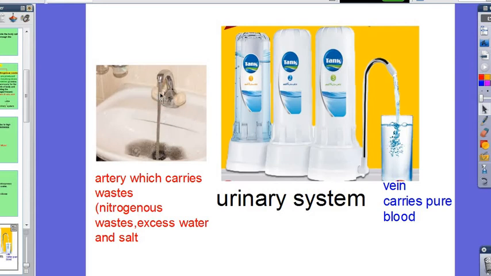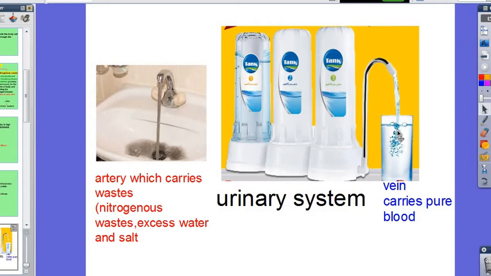So it's filled with wastes. Then the water passes through the filter to be filtered and cleaned. Then the clean water will be collected again from another tap.